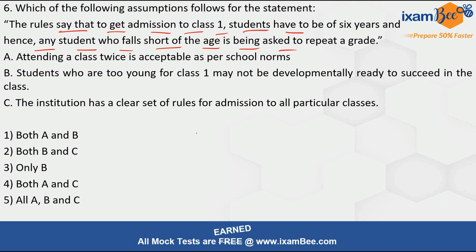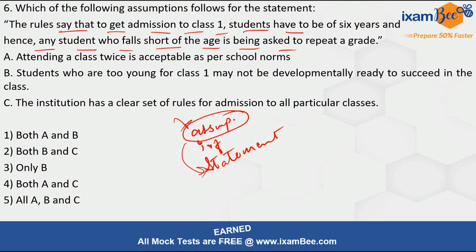Now, assumptions, inference and statement, right? We should understand the relation between these three. Firstly, assumptions are made before making the statement. If I am speaking, I am making a statement, and I'm assuming that you can listen to me, and that is why I'm speaking.